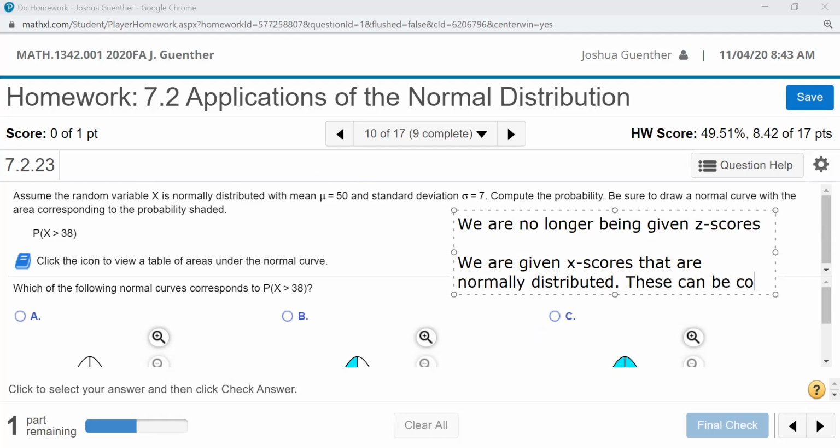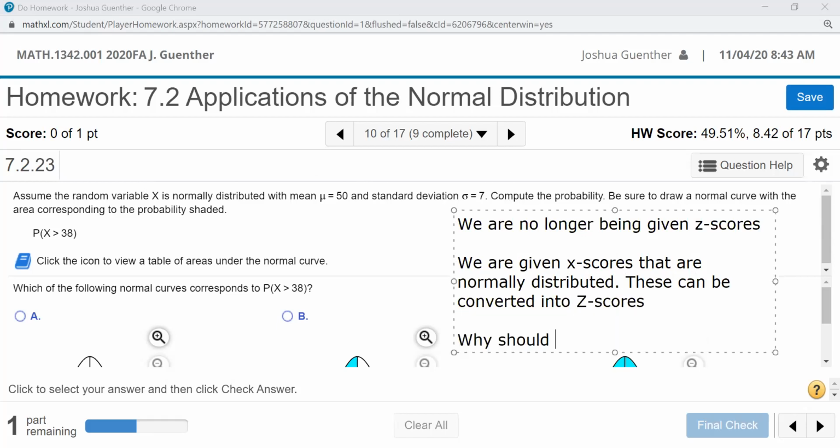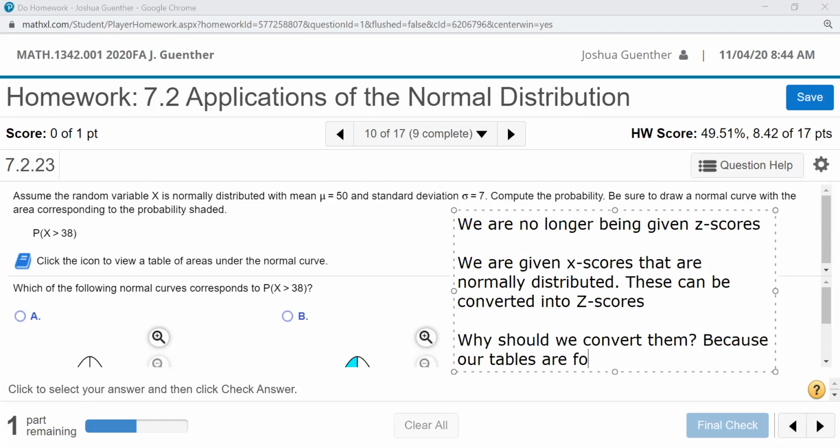These can be converted into z-scores. Why should we convert them? Because our tables are for z-scores only. That's it. We can't give you a table for every possible normal distribution. It wouldn't be practical. Oh, what about a mean of 27.3 and a standard deviation of 2.1?